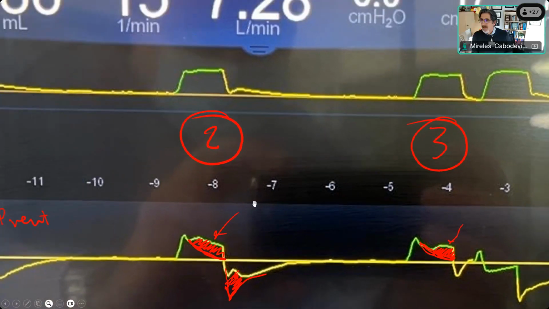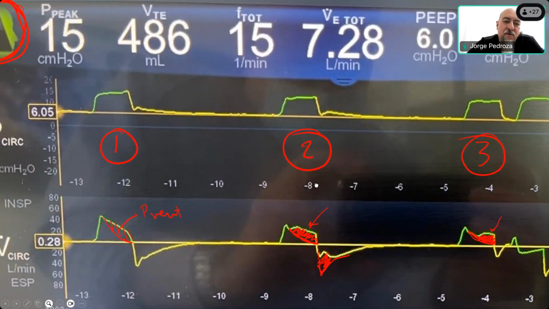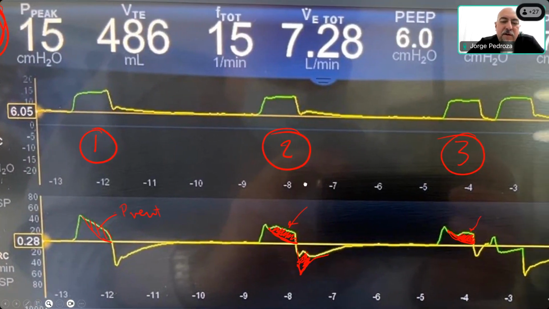All right, Jorge. Well, I will give you some insight. When we were watching this curve, all three breaths had a C on it. So all those were ventilator triggered breaths, no patient triggered ventilations.